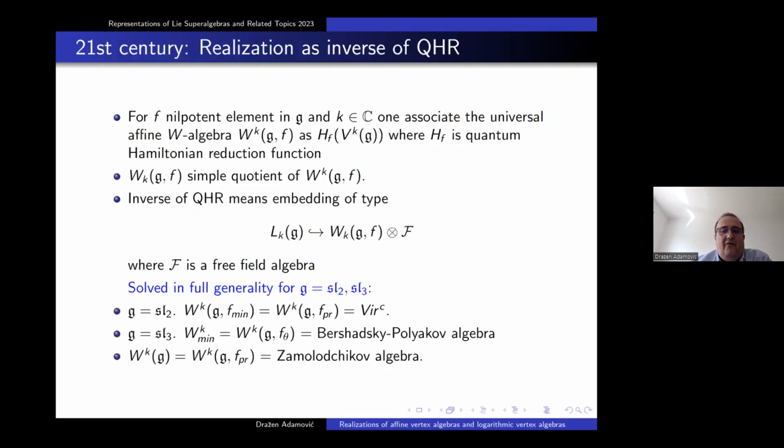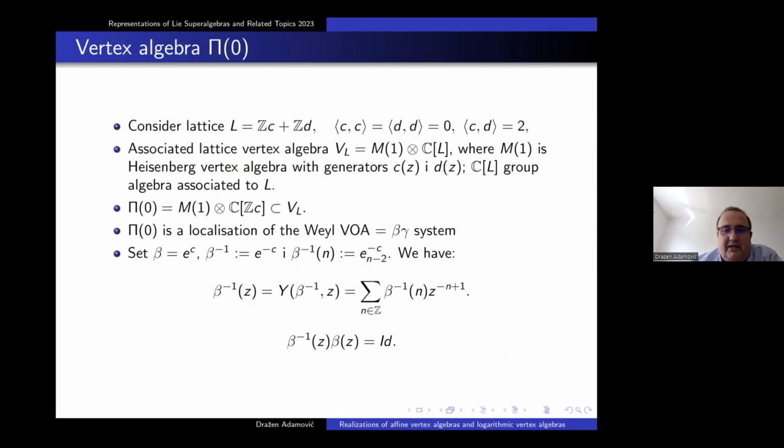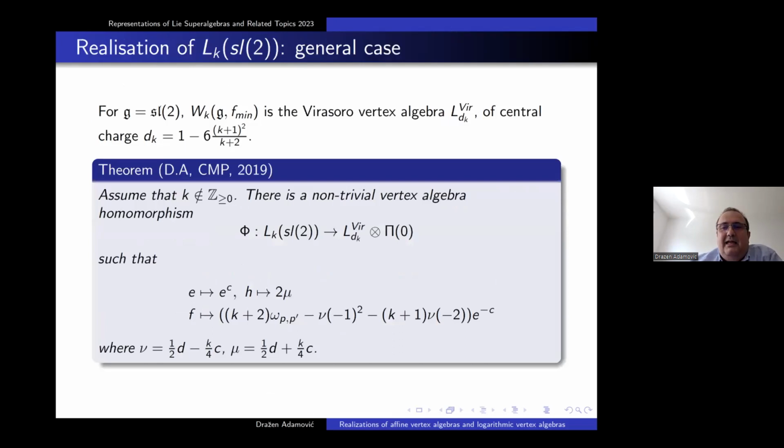And then we go case by case. Now we go case by case, and the inverse Hamiltonian reduction formulas for the SL2 case were done in my paper published 4 years ago.